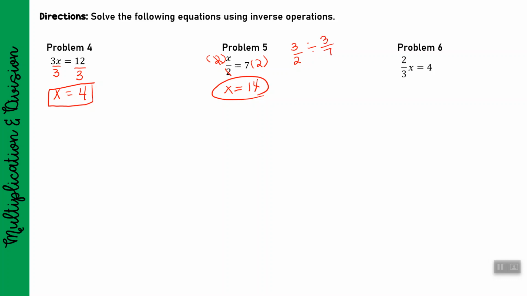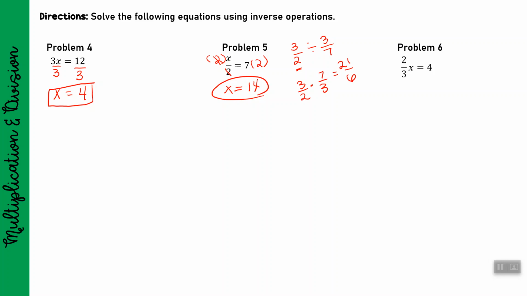3/7, the way that I would solve this is I would keep the first thing, change the symbol to multiplication, and we say flip the second one. So I'd actually say 3 halves times 7/3. We just multiply straight across. 7 times 3, 21. 2 times 3 is 6.